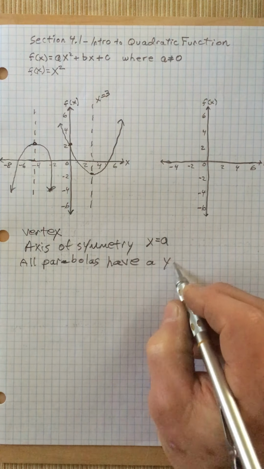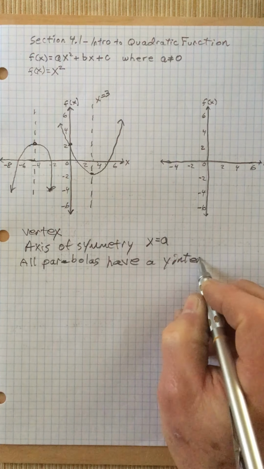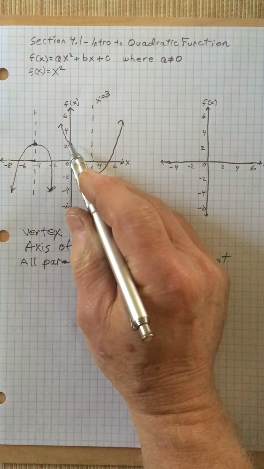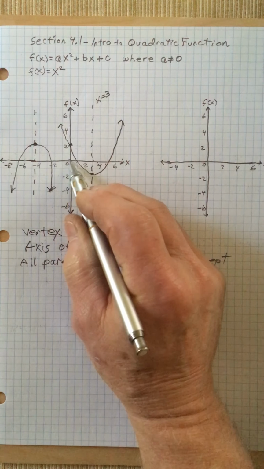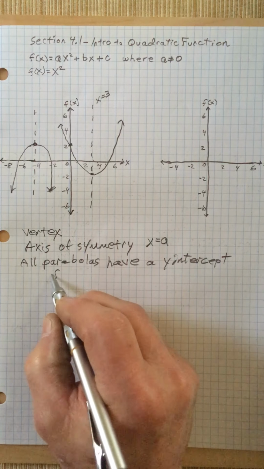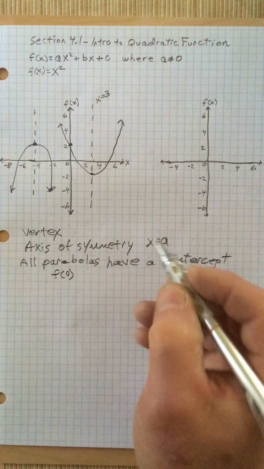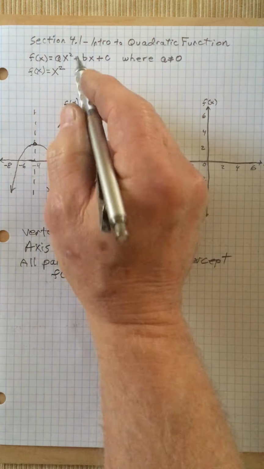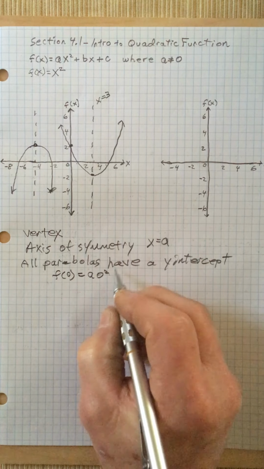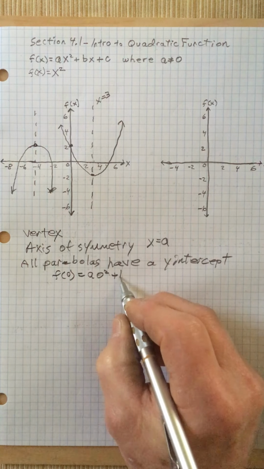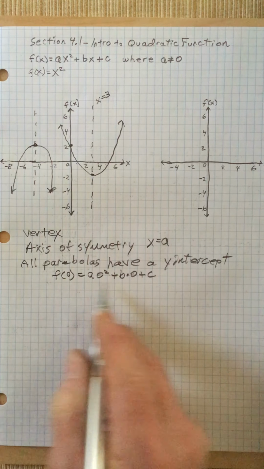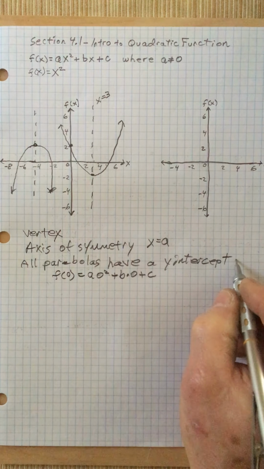Remember, if you look at the y-intercept, what is the value of x? 0. So that means the y-intercept occurs at x equals 0. So if we were to plug x equals 0 in up here, you can see that the y-intercept equals c.